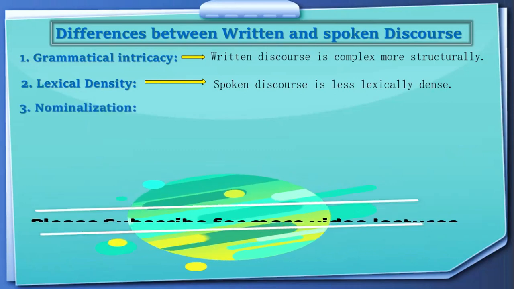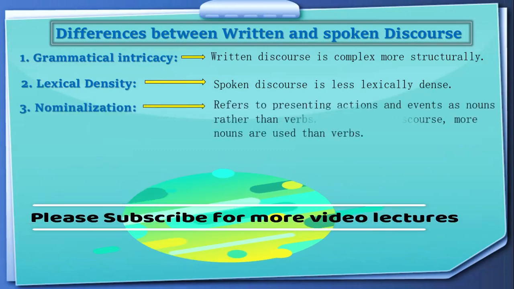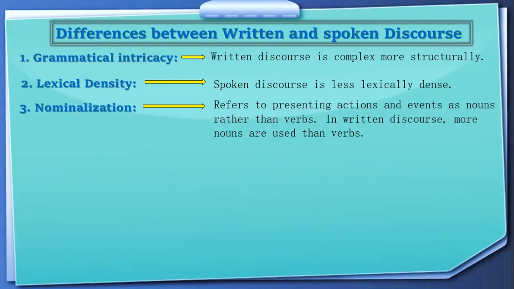Number three, nominalization. Nominalization refers to presenting actions and events as nouns rather than verbs. In written discourse, more nouns are used than verbs. So when we talk about written discourse, we usually use nouns more than verbs, presenting actions and events as nouns rather than as verbs.